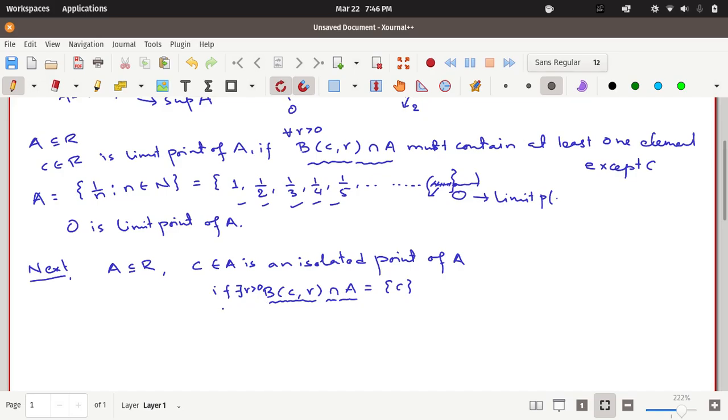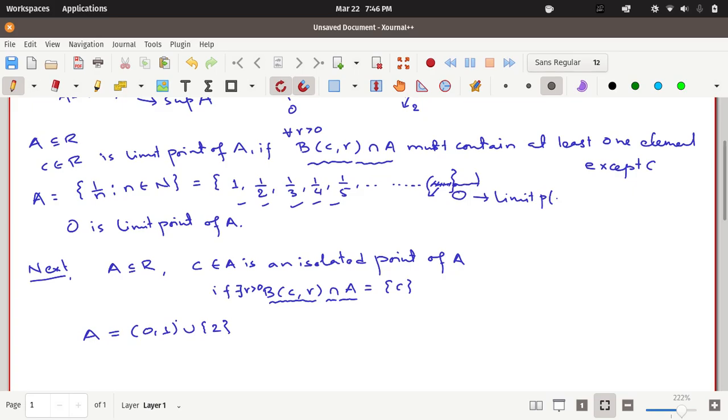We can visualize this with one example. Let's consider a set A equal to the open interval (0, 1) union {2}.